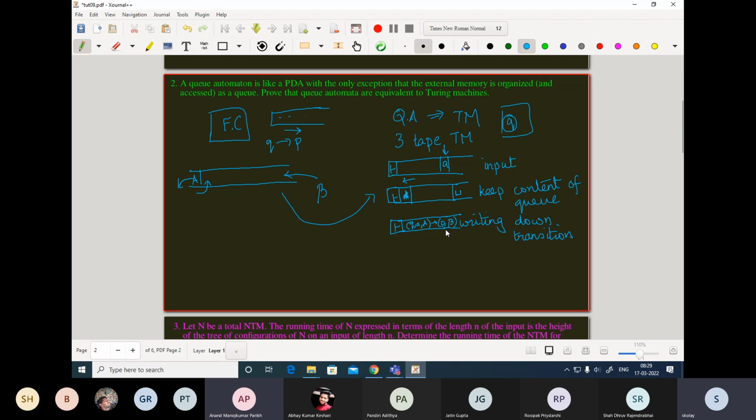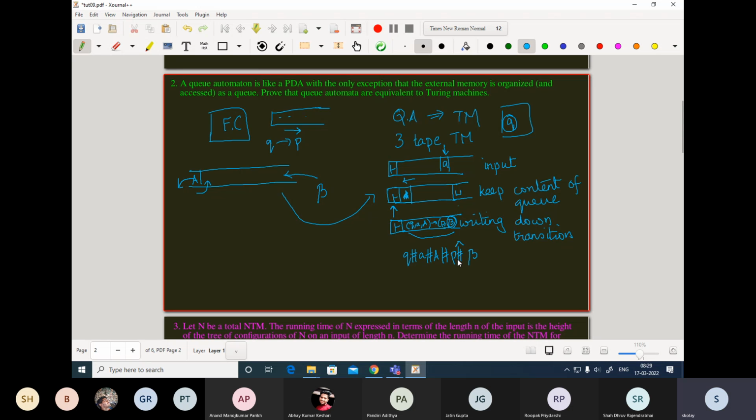Yes, ma'am, copying. So first time we'll have to copy the blank also. The last character will be overwritten by a blank, and then the blank will be overwritten by beta. Now you come to the left and look for the first blank. Now at the first blank, you copy down beta, and you can think of this as, let's say, Q hash A hash A hash P hash beta.